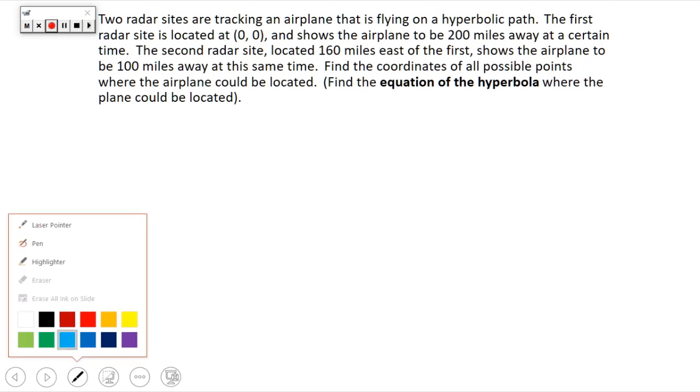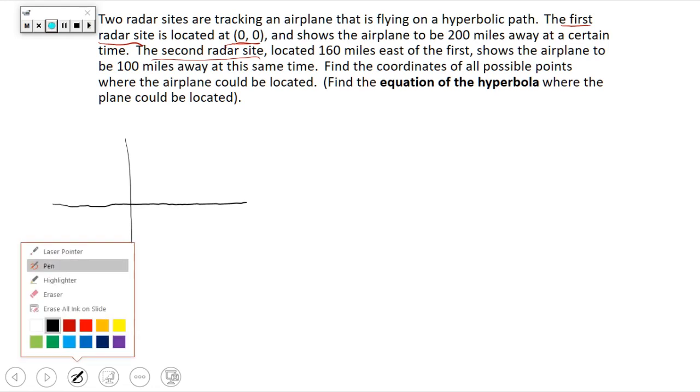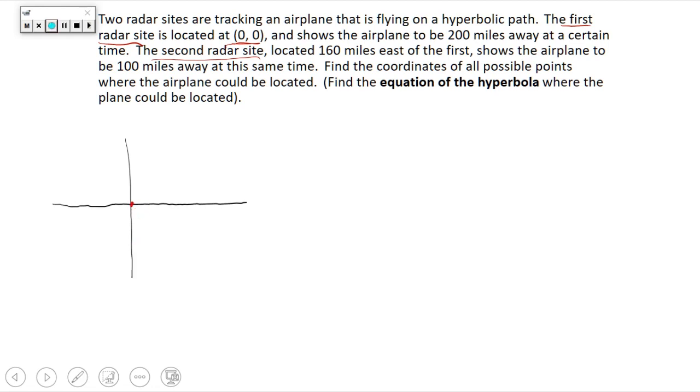It says one of the radar sites is at 0, 0. This is a focus. One of the radar sites here, this one and this one, these are the foci. So let's draw this. We have a coordinate plane, and we have a focus right here and a focus right here.